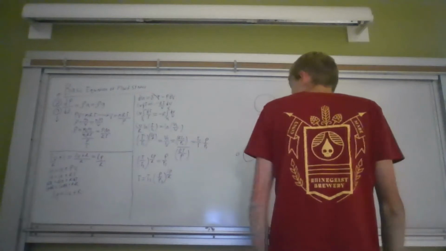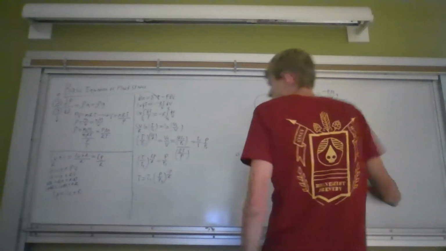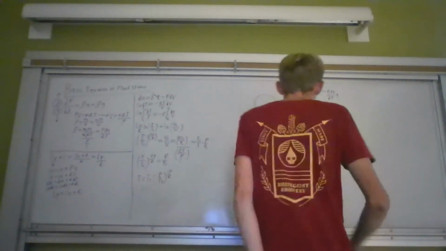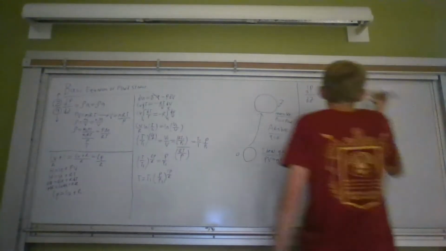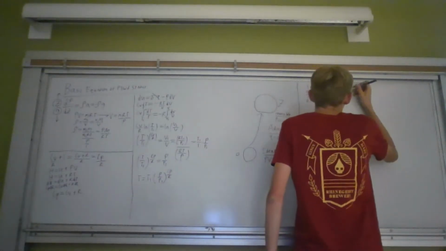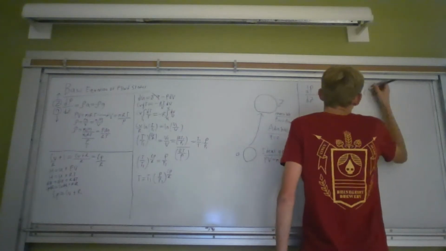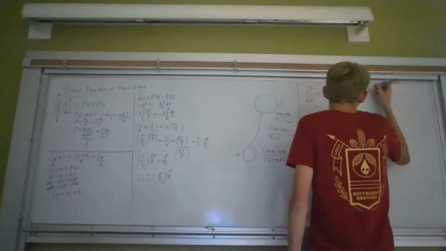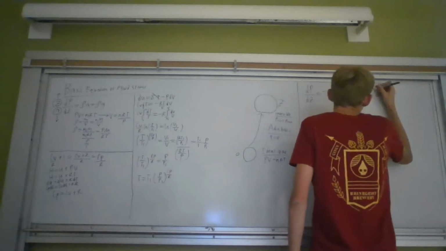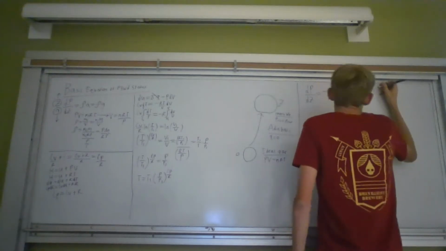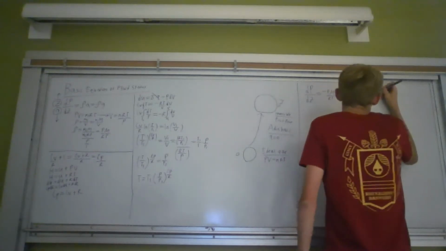And what we can do now is substitute this temperature value in for this temperature value. So we're just going to rewrite our temperature over here. So our temperature equals our temperature at 1, times our new pressure over P1, to the power of our constant pressure over R.